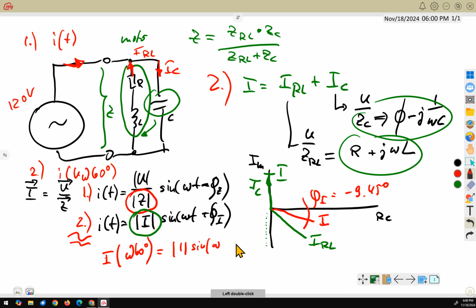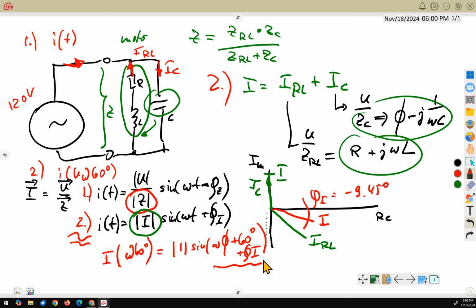We use 0 as the time because we consider the voltage directly without any phase shift, plus 60 degrees plus the phase angle of our current.